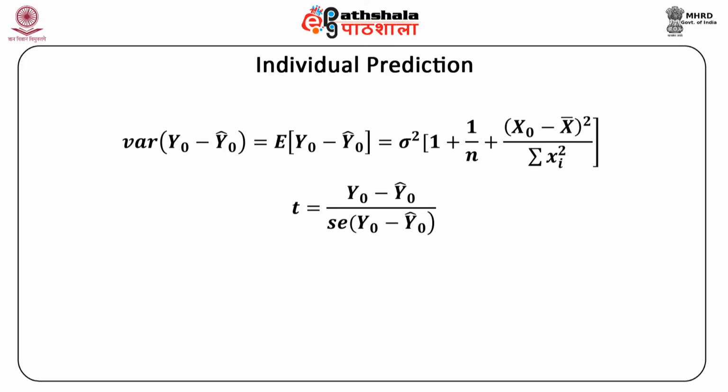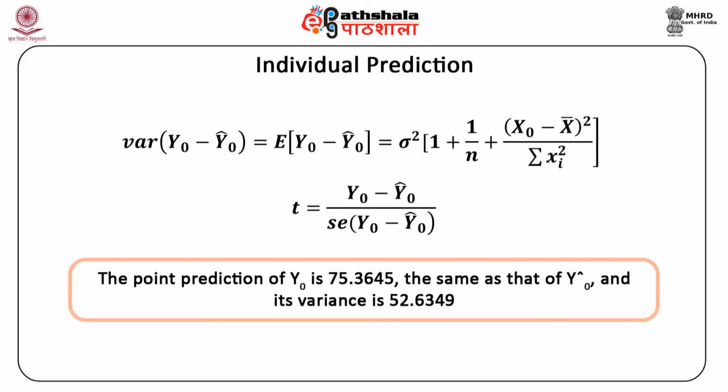Continuing with our consumption income example, we see that the point prediction of y0 is 75.3645, the same as that of y0 hat, and its variance is equal to 52.6349.